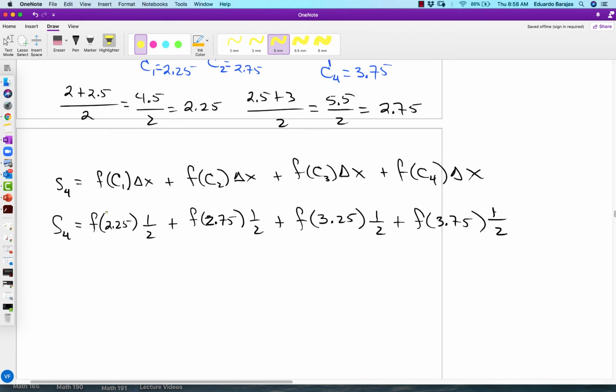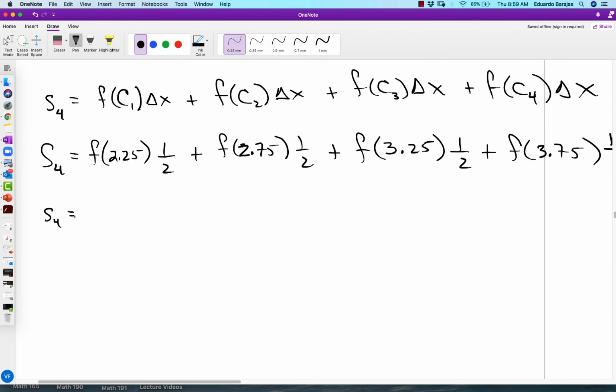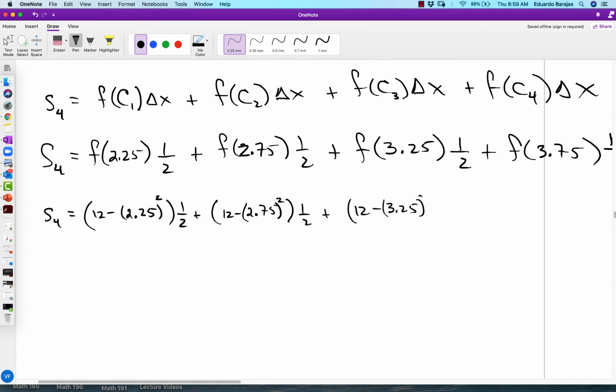So let me zoom back into here. So 12 minus x squared is the result of evaluating our function at this point. So this will be the height of the first rectangle times a half, where 1/2 is the base. Plus, now we've got to do the same thing with the next function. This will be 12 minus 2.75 squared times a half plus 12 minus.